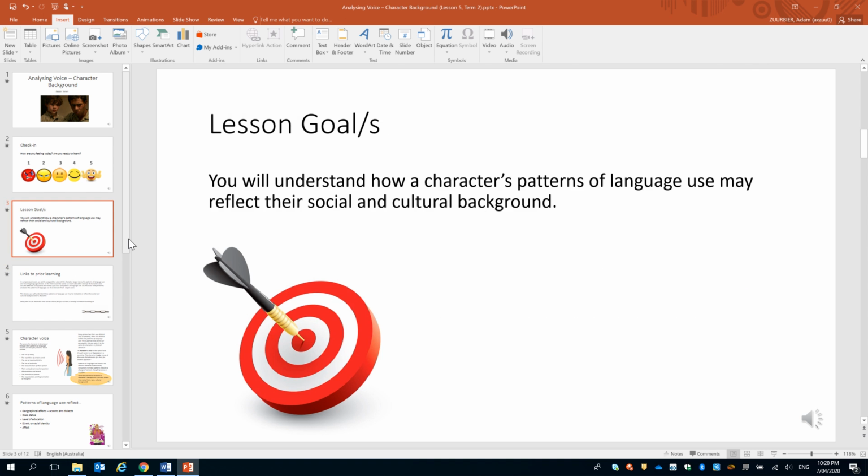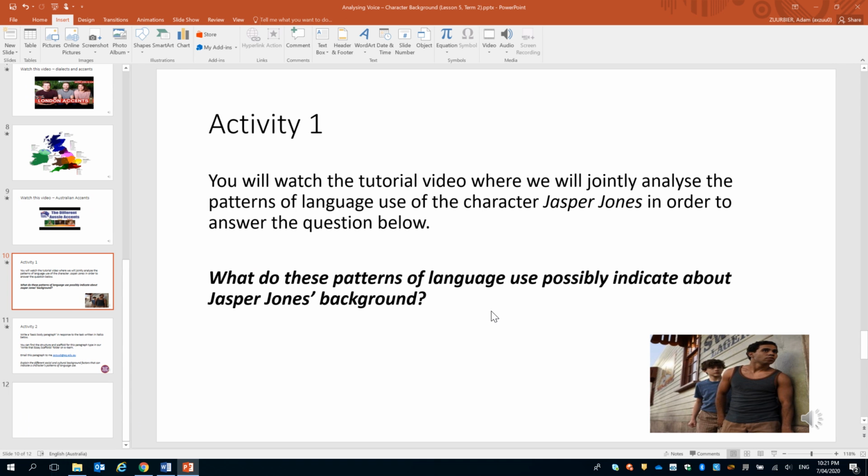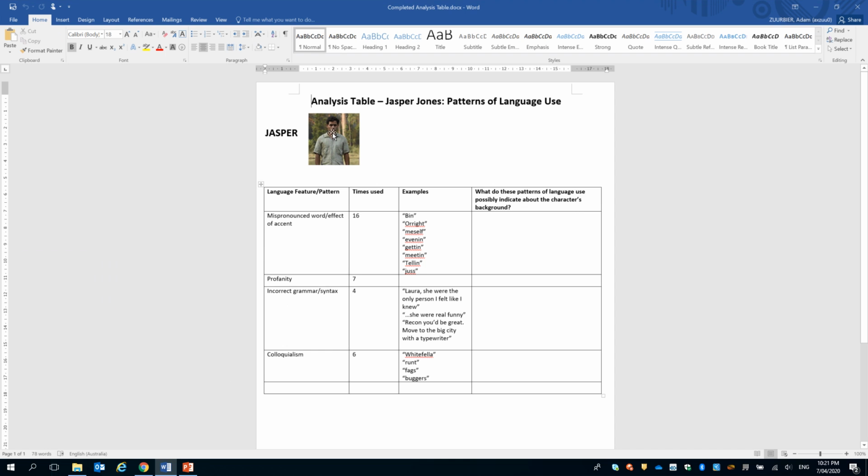When people speak, we make assumptions about their social and cultural background based upon their patterns of language use: their use of particular words, phrases, colloquialisms, their syntax and grammar, their use of profanity, but also their accent, the dialect with which they speak, or the Creole in which they speak. So we want to look at those different patterns of language use of Jasper Jones and then link them to what they indicate about his background. This video won't be too long, but let's get stuck into it.